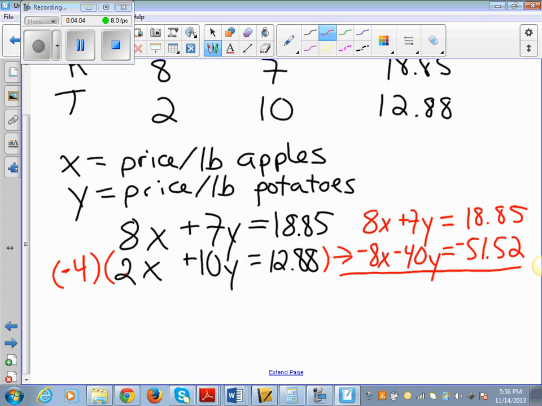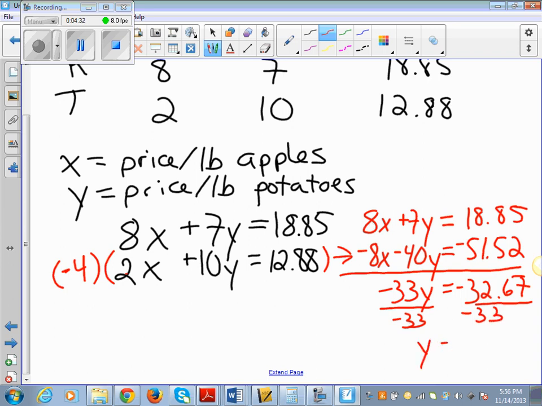And for 7y plus -40y, that's going to be -33y is equal to 18.85 plus -51.52, which is going to give us -32.67. And our last step to solve for y would be to divide both sides by -33.